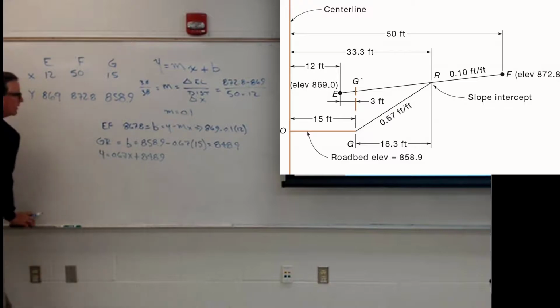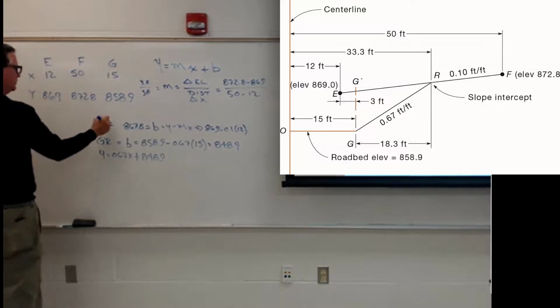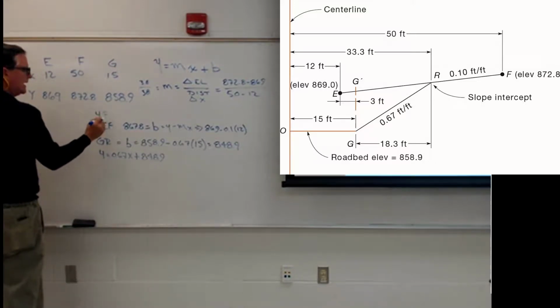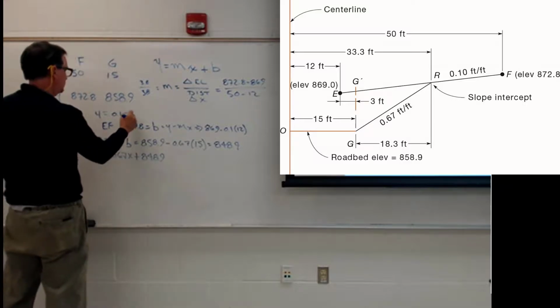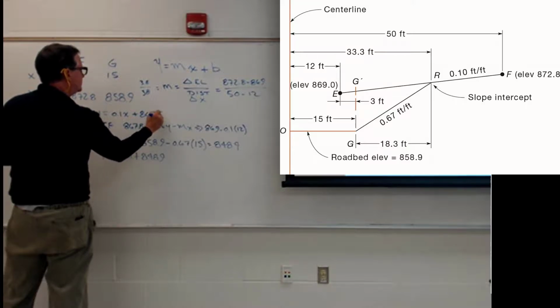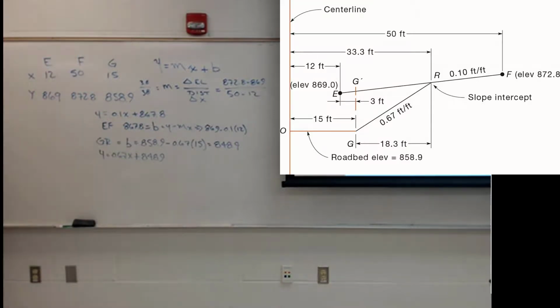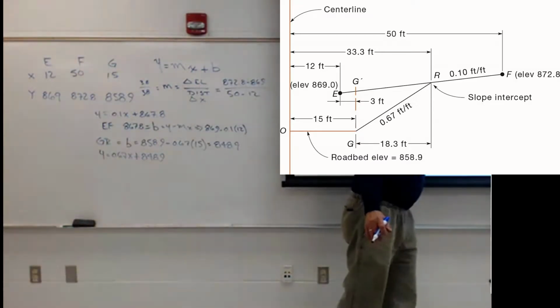And you have the equation for EF that y is equal to 0.1x plus 867.8. Fair enough? Okay, so I've solved for B on both of those, and I solved for the slope on both of those. It actually gave us the slope on one, and we solved it for the other. And then the question is, where does that happen?